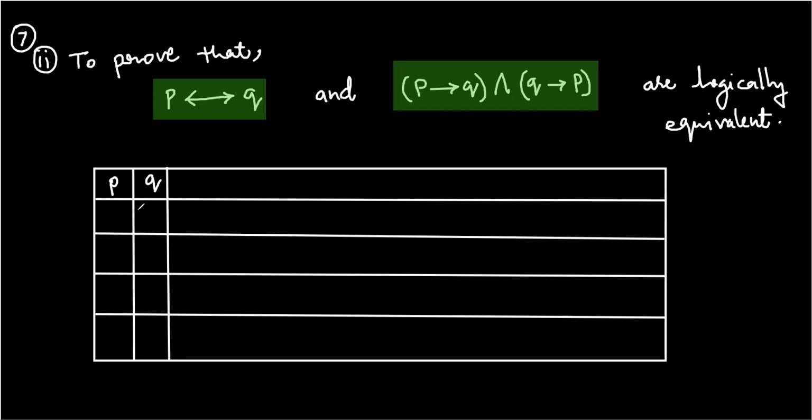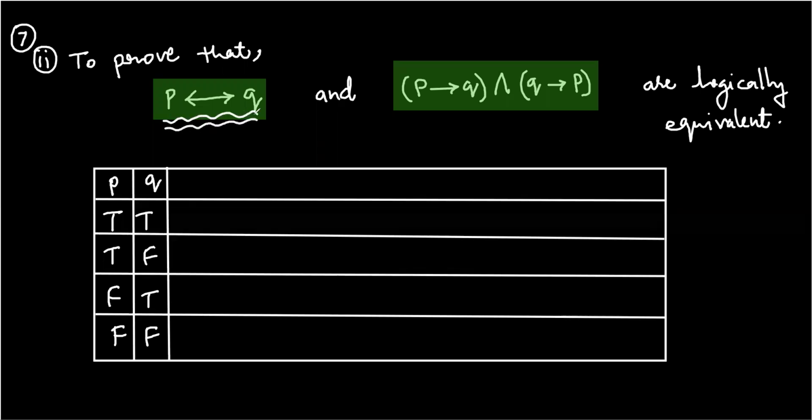Now I'll write all possible truth values of P and Q. So you know that T, T, F, F. Here I have T, F, T, F. After this, I shall go for negation. I will check, do I have negation anywhere? No, I do not have negation anywhere. So I can go for either of these two.